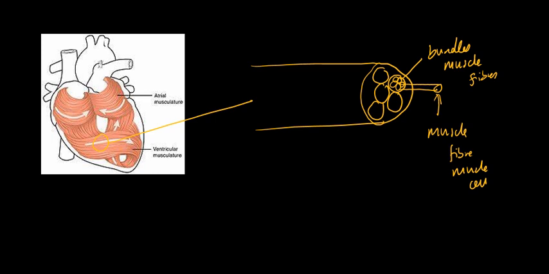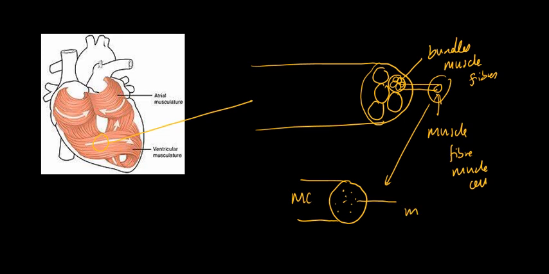And then in the muscle cell, if I was to show you in a bit closer detail, so this is my muscle cell here, then I'm going to have my myofibril, which is a section of the muscle cell.